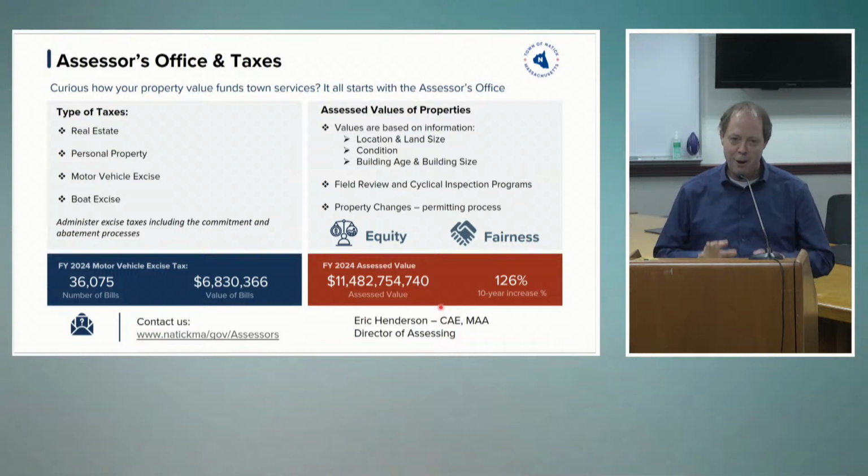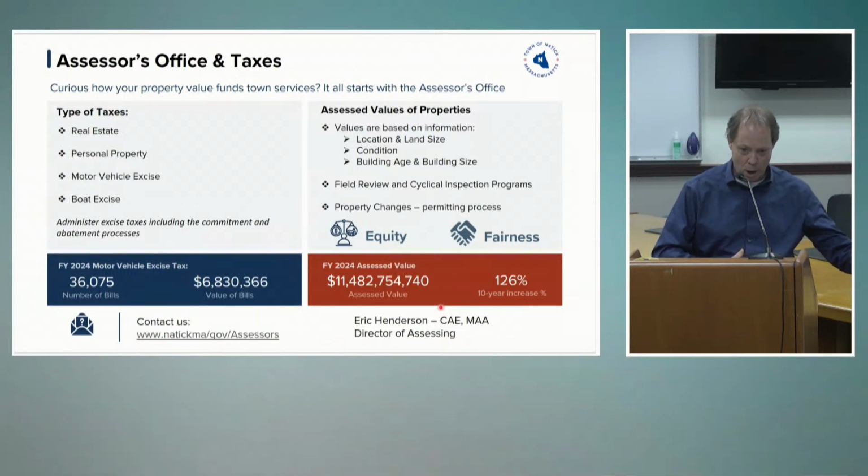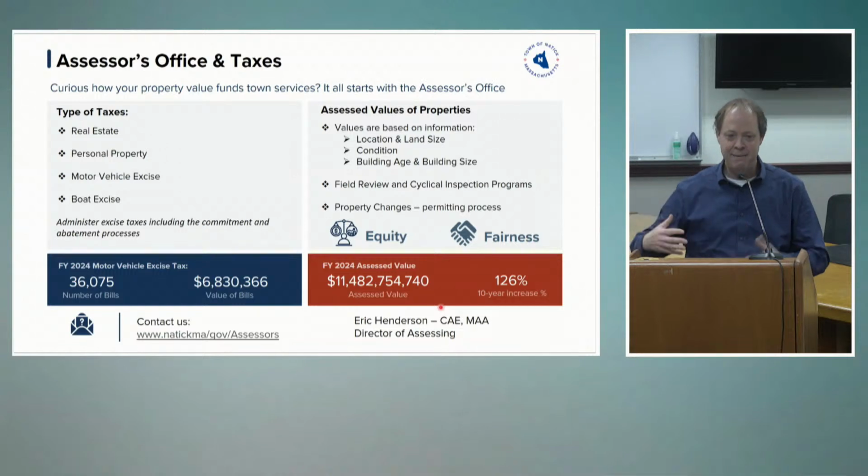So it is really our feet on the ground that are out there measuring that new house or adding on that new addition or adding on that new deck or adjusting the condition because of that kitchen remodel. That is the data that a lot of the private world and a lot of the other things out there rely on.